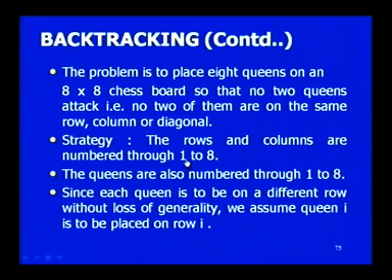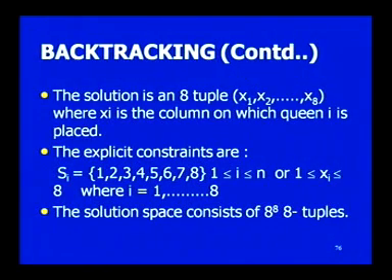So, the strategy is like this. I am going to number the rows and columns from 1 to 8, and I am also going to number the queens from 1 to 8. So, now I can assume that I am going to place every queen i in row i, so that no two queens will be in the attacking position.